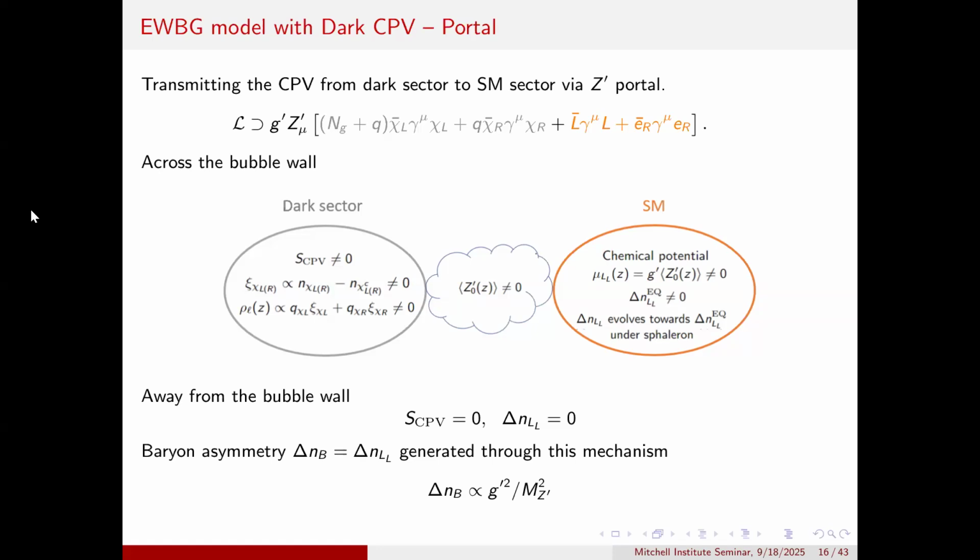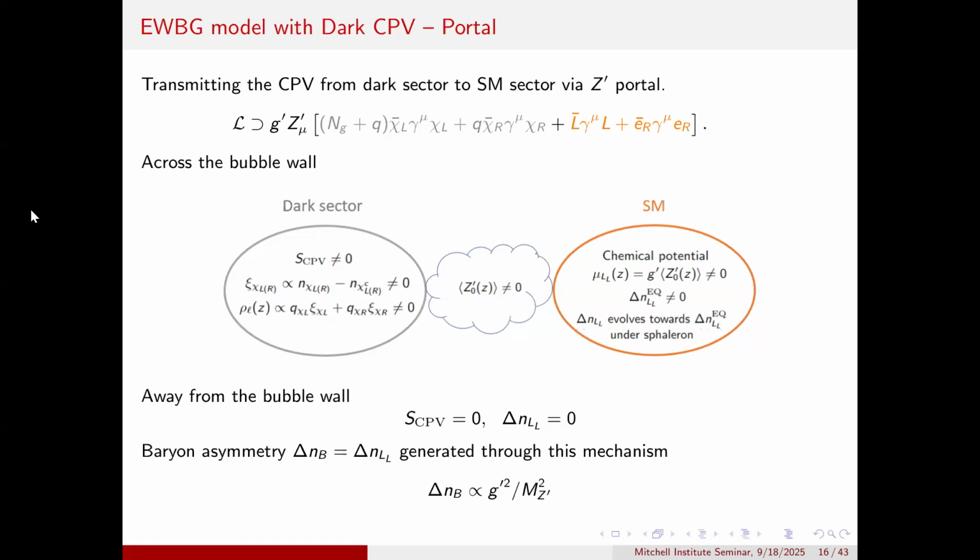Because of this, we have a non-zero lepton number charge density near the bubble wall due to this term. So this charge density would generate a Coulomb potential of Z prime. And because Z prime couples to the standard model leptons, this Coulomb potential could provide a chemical potential for the standard model leptons.